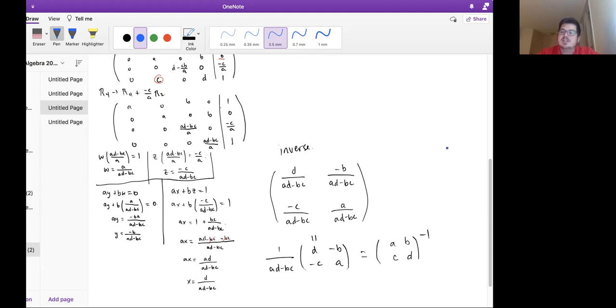How about a question: what is a weird part of this formula that sometimes wouldn't work? Really stare at that formula. What's a possible problem with that formula?